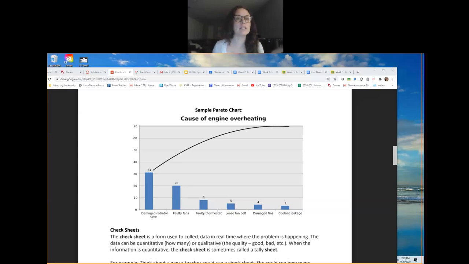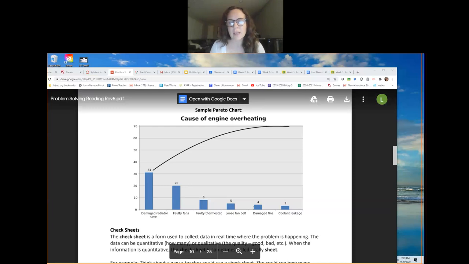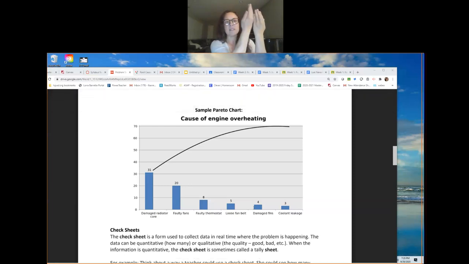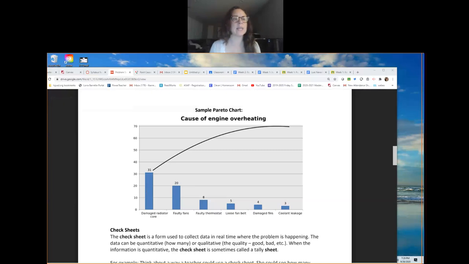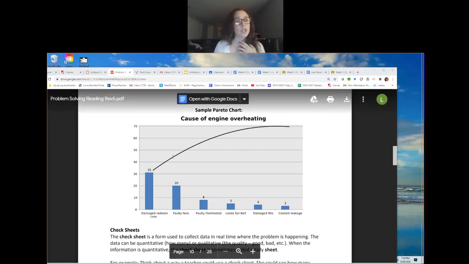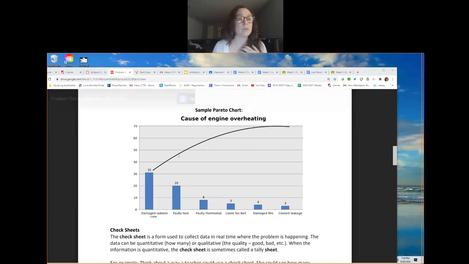So there's a faulty thermostat. Next one, loose fan belt. That means the belt that runs the fan is broken. Damaged fins. That means the fan's blades are damaged. One of the fan's blades is broken. And coolant leakage. That means the liquid inside the radiator is leaking out. There's no water or coolant in the radiator.